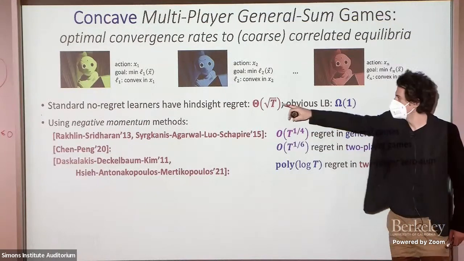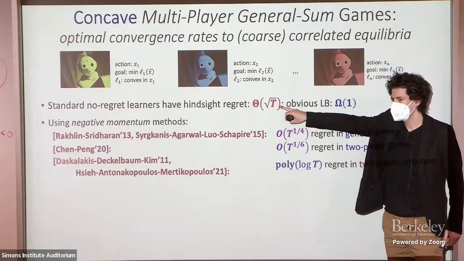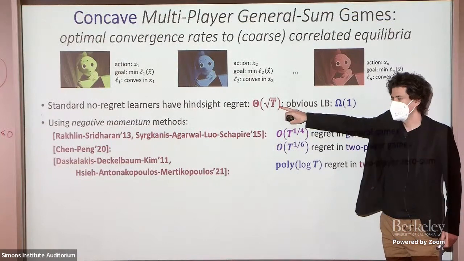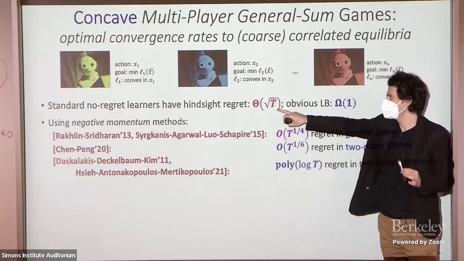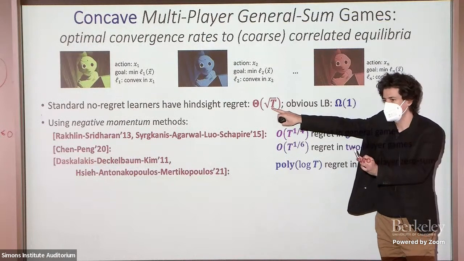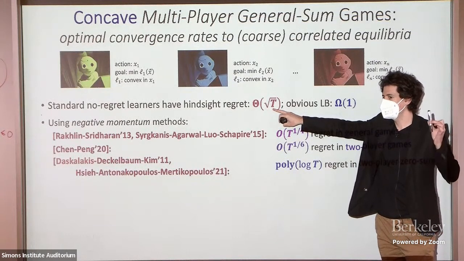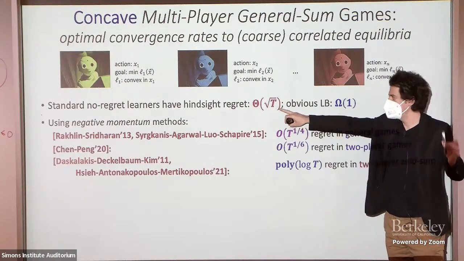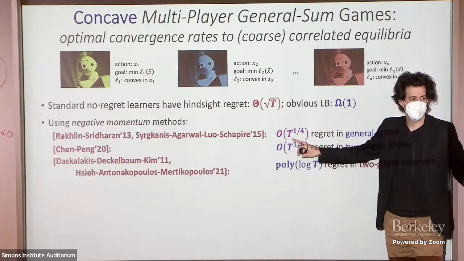Okay, so you can improve on the bound that you get against adversaries. So in a game context, opponents are not like adversaries. Okay, that's the meaning of this slide. This is tight if you play against adversaries, but if you play against players who are trying to optimize their own utilities, you can beat this √T and get T to the 1/4 if you use one of these optimistic gradient methods or related methods.